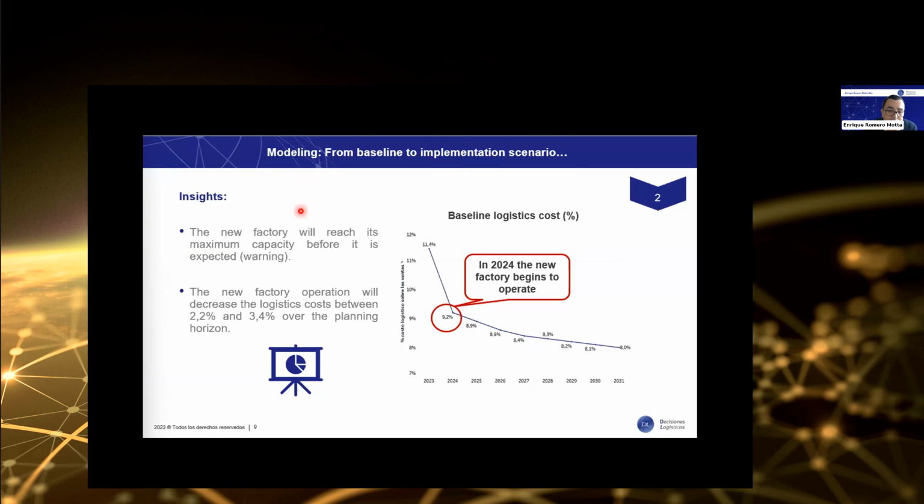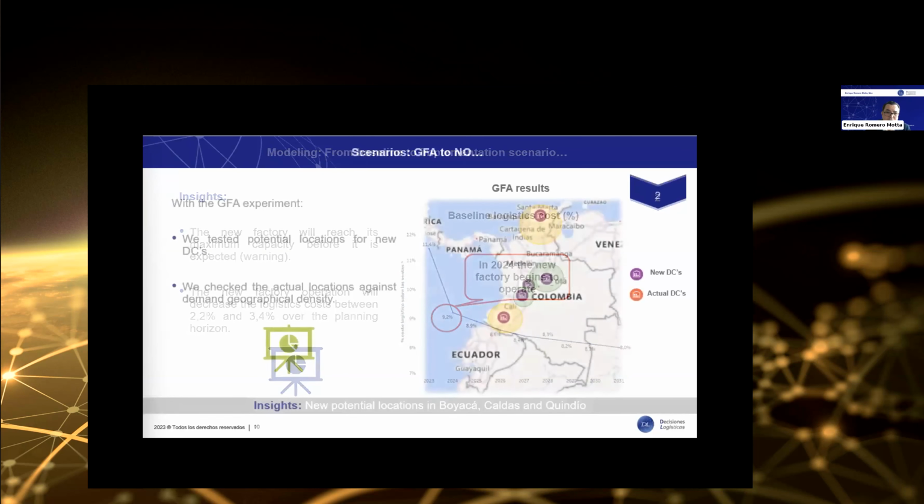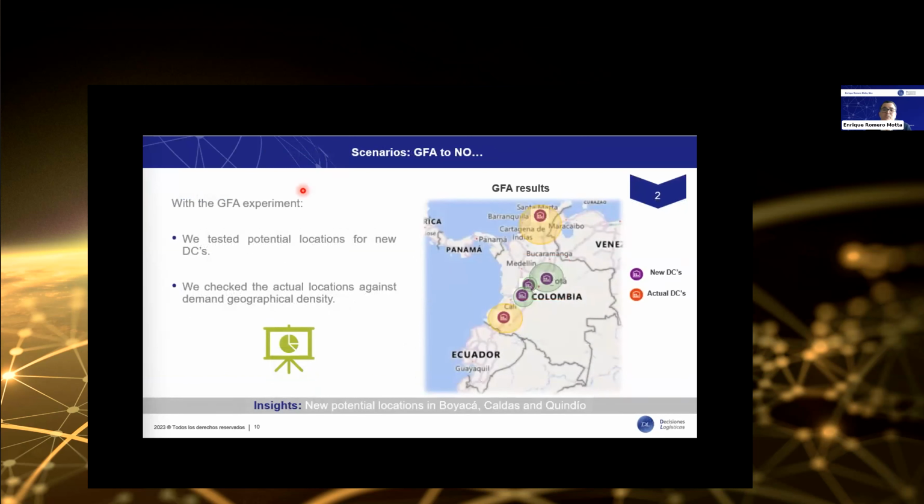Okay, so once we created that baseline and understood some whereabouts about it, we started with the Greenfield experiment, as you see right here. With the Greenfield experiment, we tested some potential locations for new distribution centers that will help us improve the service levels and, of course, minimize the total distribution cost.